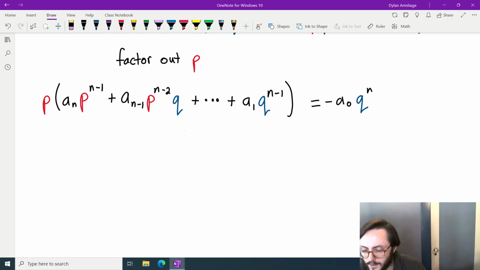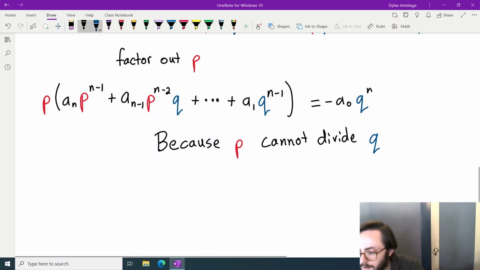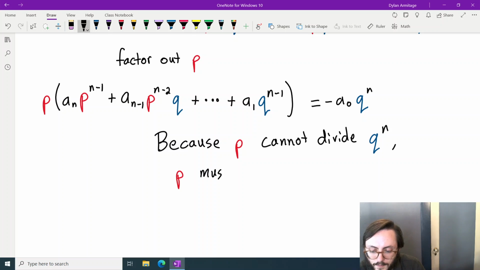Because p cannot divide q to the n, that means that p must divide, or must be a factor of, a sub 0.